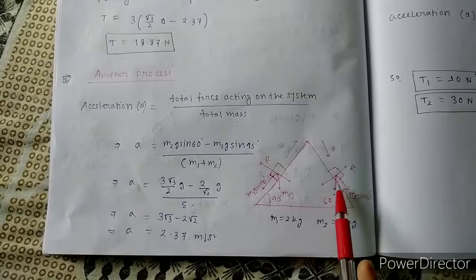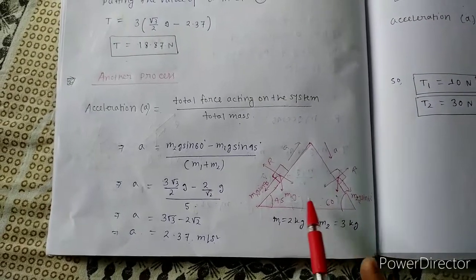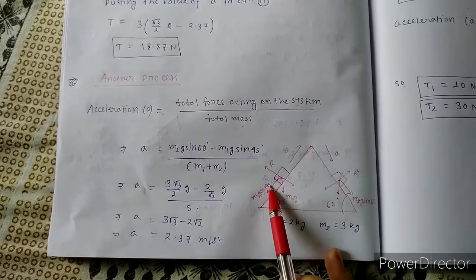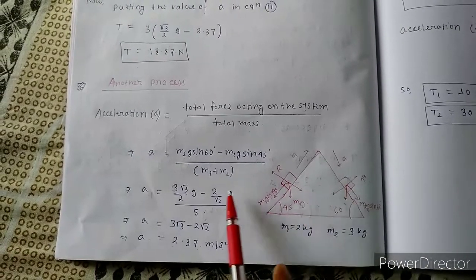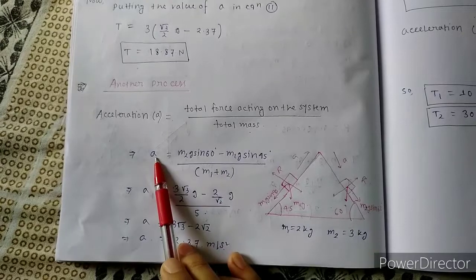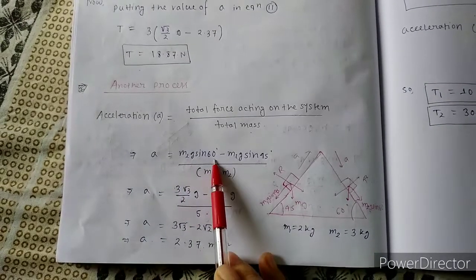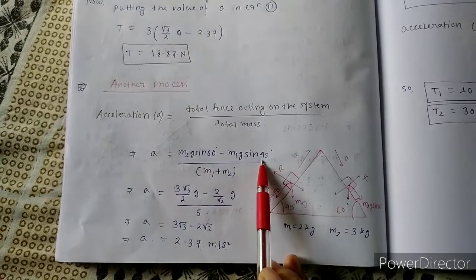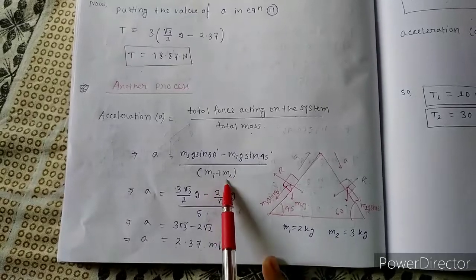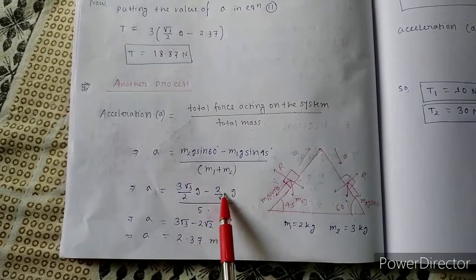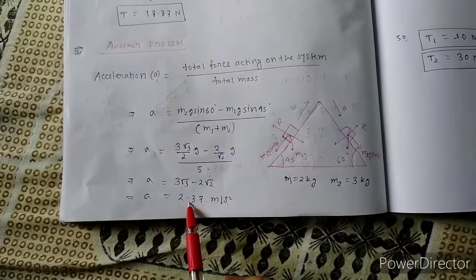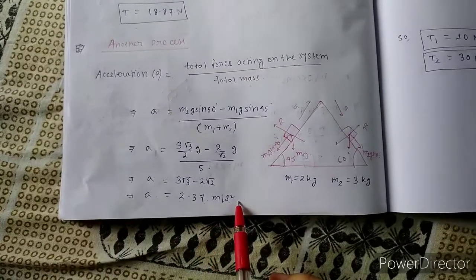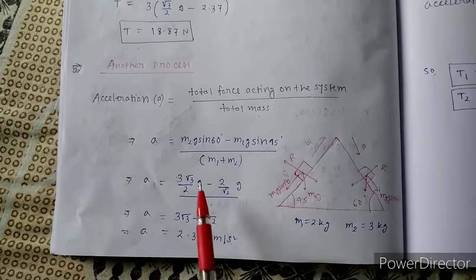So the total force is m2g sin 60 degree minus m1g sin 45 degree, and the total mass is m1 plus m2. So we get acceleration a equals (m2g sin 60 degree minus m1g sin 45 degree) by (m1 plus m2). By putting the values of m1 and m2, we get acceleration a equals 2.37 meter per second square. That is the same as we got above.